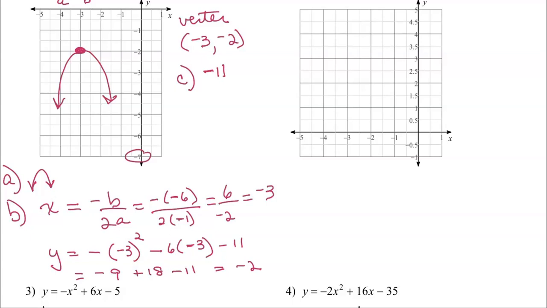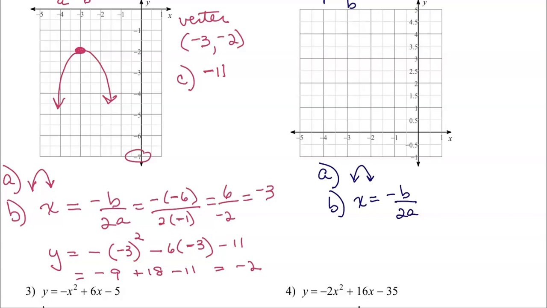So first off, the a, since the leading coefficient is negative, it's going to be downward facing. B, I want to get the x, and the x equals negative b over 2a. Here is your b, here is your a.